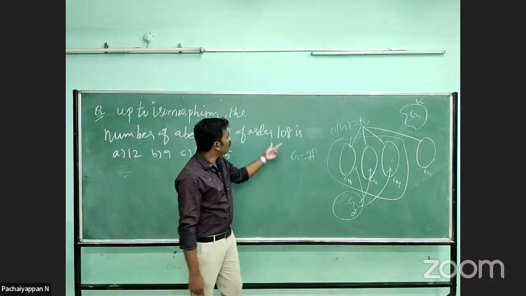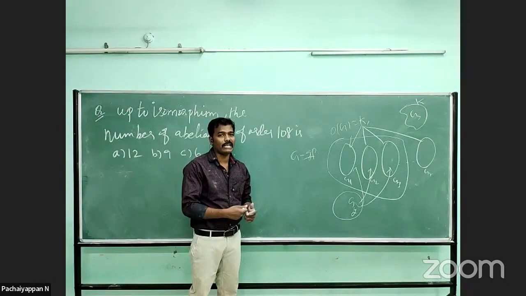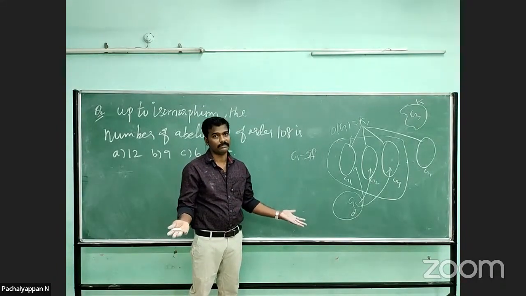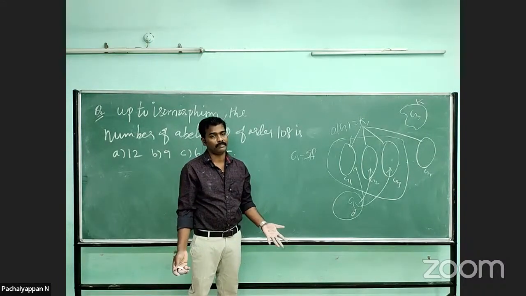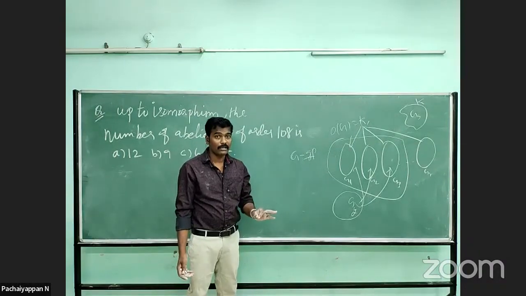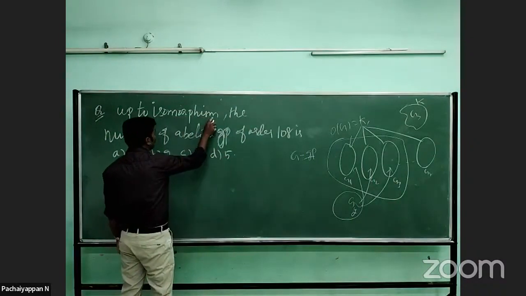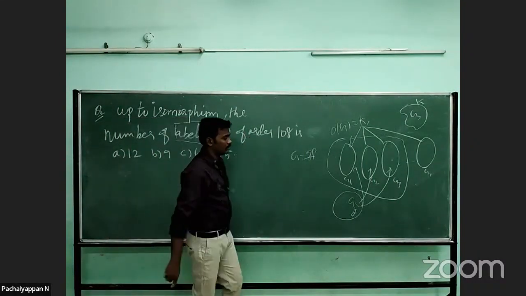Which means how many groups are there of order 108 which are non-isomorphic to each other? That is the question. In particular, abelian groups. They are asking, up to isomorphism, the number of abelian groups of order 108.